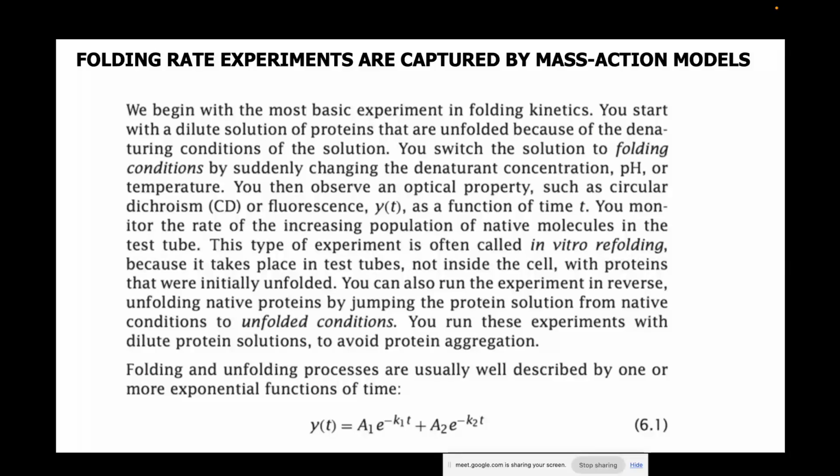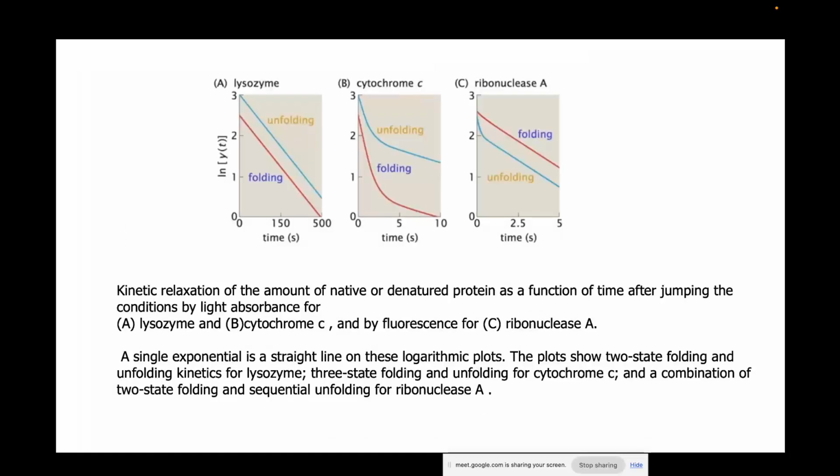So this is the first order kinetics, if you remember. Protein folding follows a first order kinetic equation, and if you need to solve this, you need to use some linear algebra concepts, get the eigenvectors and the eigenvalues, and you can solve it from there, right?